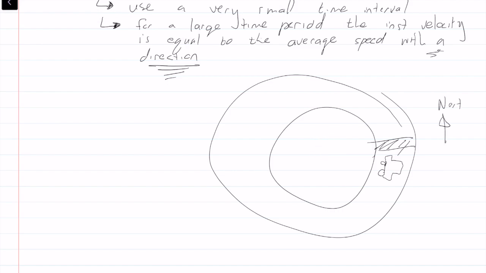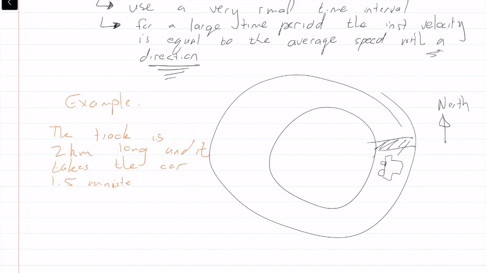Let's label this as an example: the track is 2 kilometers long, and it takes the car 1.5 minutes to complete the circuit.